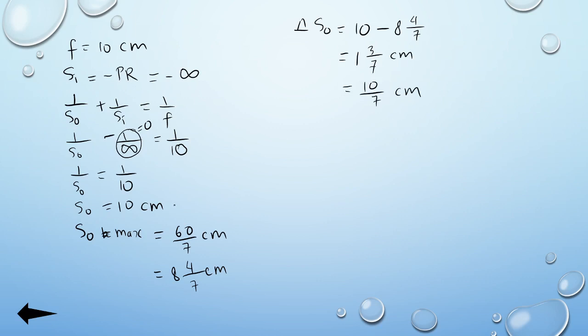Because the new SO is farther than the old one, we now know that the object must move farther from the lens. So the answer is 10 over 7 centimeter away from the lens.